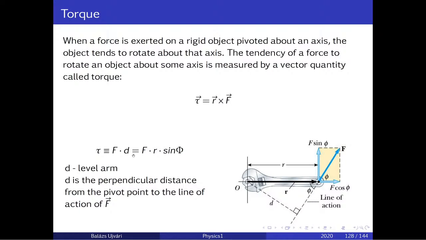And you can calculate the torque a bit more easily, like F times d: the nominal value of the force, so in this case it's not a vector, and the lever arm. If you know the theta between the force and the vector, this is F times r times sine of theta, sine phi in this case.